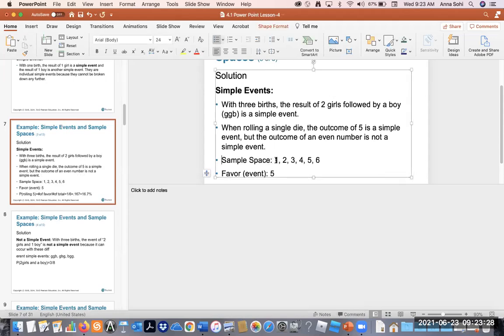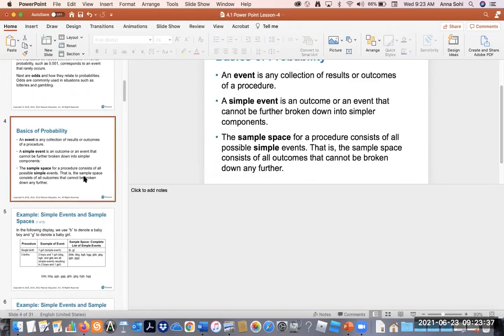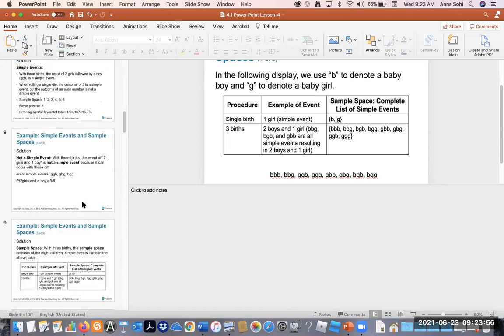Sample space means what are all my possibilities when I'm rolling a die? Basically, sample space for a procedure consists of all possible simple events. Everything that is possible in 3 births. What could be the possibilities of 3 births? Event, no matter if it's simple or not, is what is my favor.